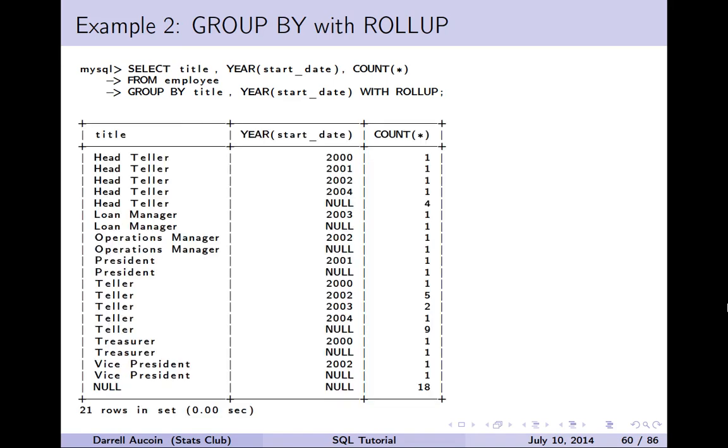For instance, if we do roll up by title and year, we get a slightly different count, and it aggregates over the year, then aggregates over the title, and then finally for the whole thing at the very bottom.